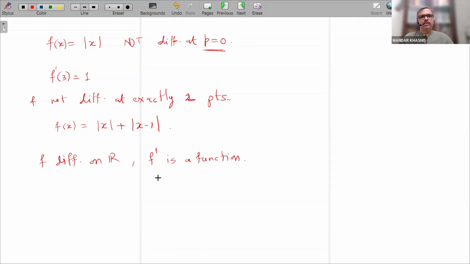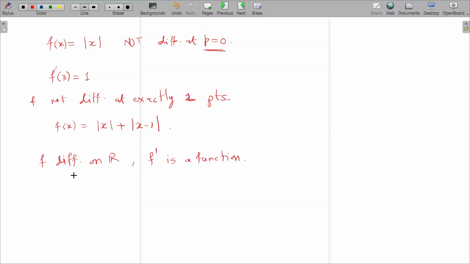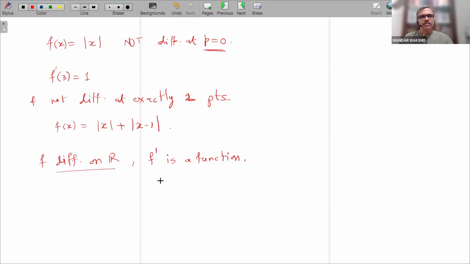First of all, is it necessary that the derivative should always be continuous? Not necessarily. So I encourage somebody to give me one example where f is differentiable on full R, but f dash is not even continuous. Sir, we can take x times sin(1/x).